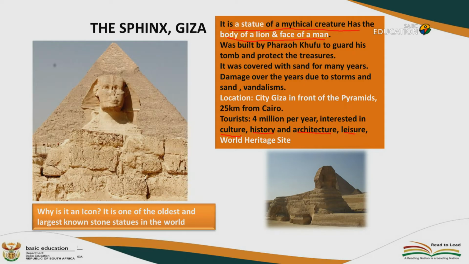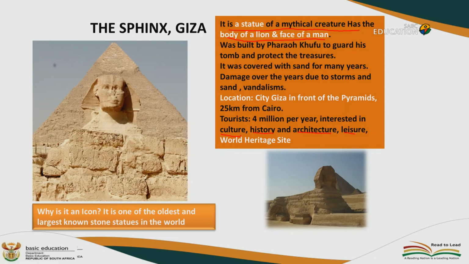Why is it an icon? It says it is one of the oldest and the largest known statues in the world. Hence, it is an icon. It has got its own unique characteristic.